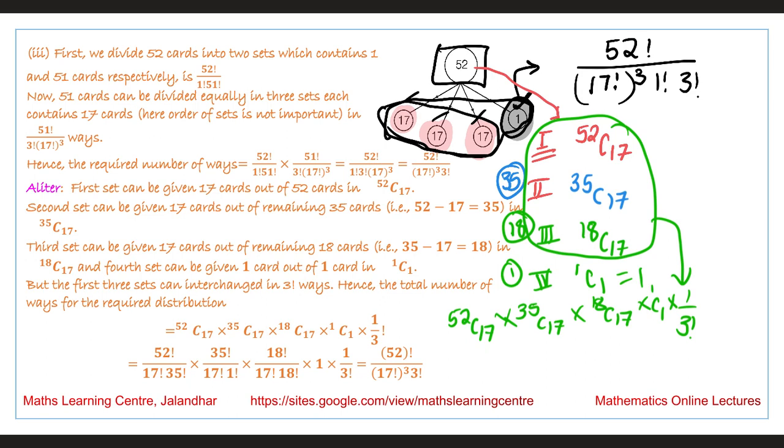So on solving this, the answer we obtain is 52 factorial divided by (17 factorial)cube into 3 factorial. So this is the final answer we obtain in this case.